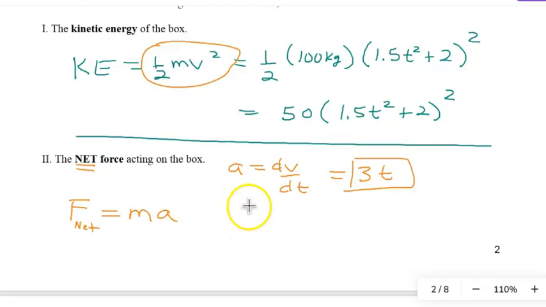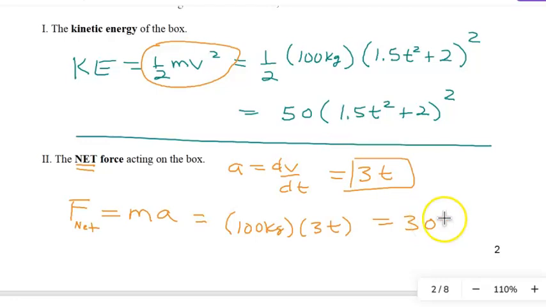All we know is in aggregate, that's how the box's velocity is changing. And then the mass is 100 kilograms and A is 3t. So the net force is 300t, which is some combination of the person and friction.